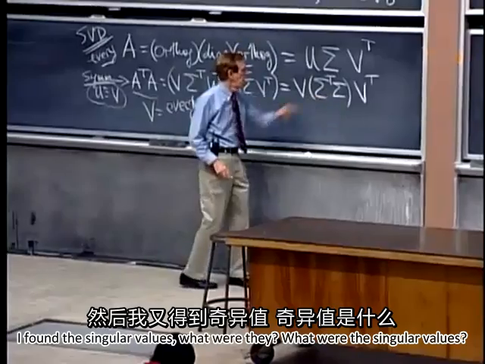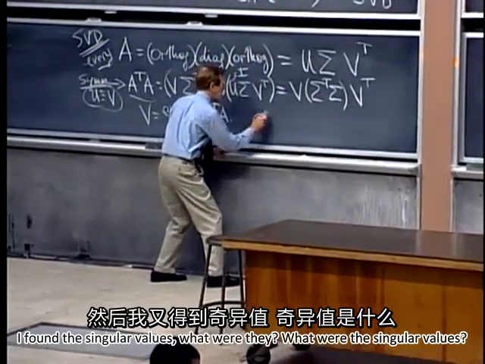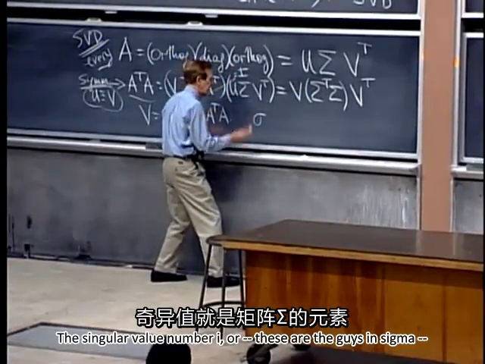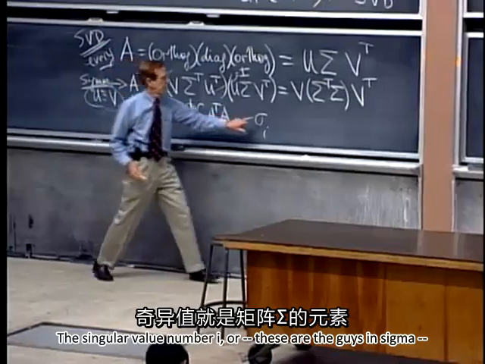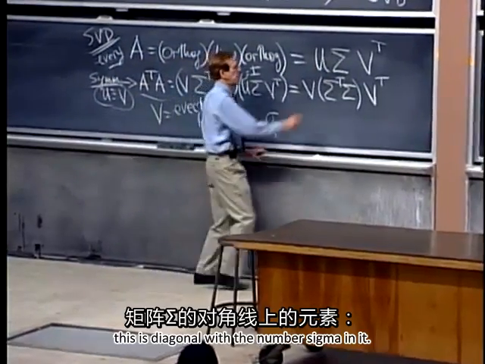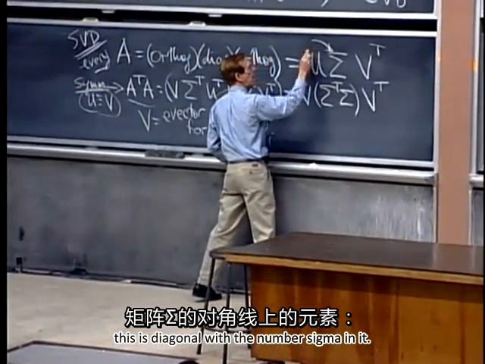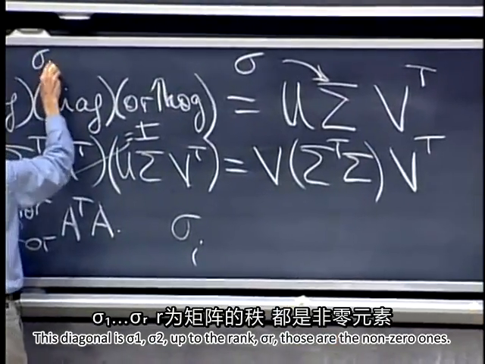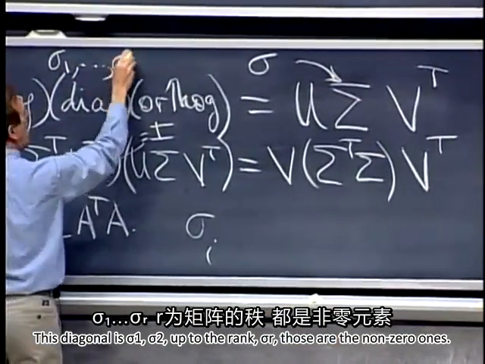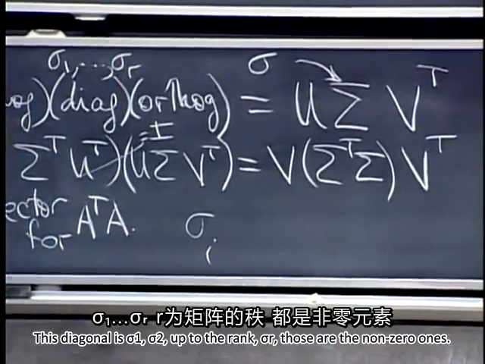What were the singular values? The singular value sigma i, these are the guys in sigma. This is diagonal with the numbers sigma in it. This diagonal is sigma 1, sigma 2, up to the rank, sigma r. Those are the non-zero ones.